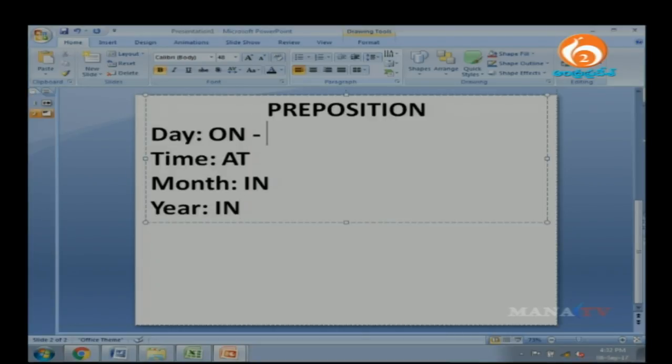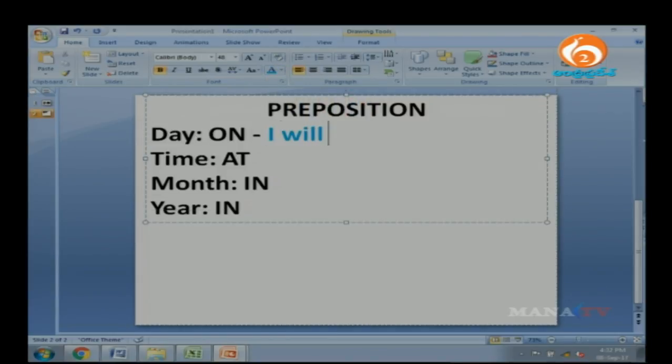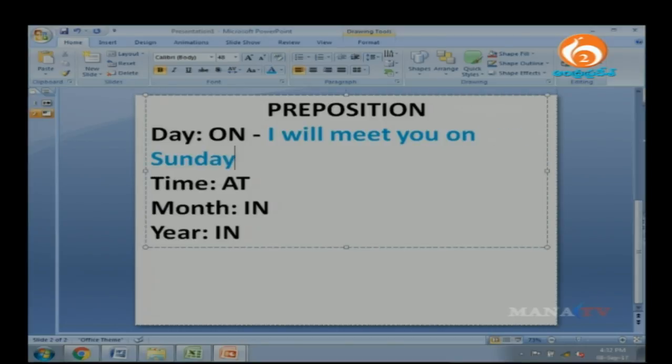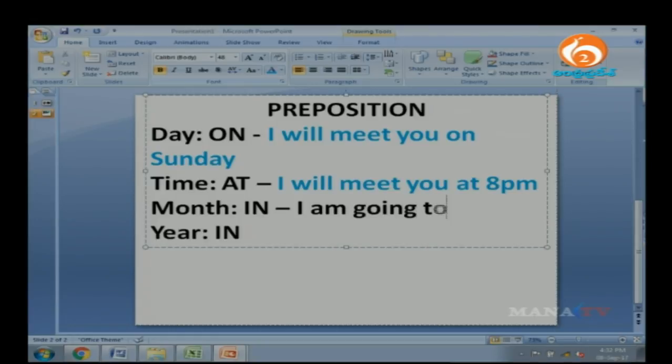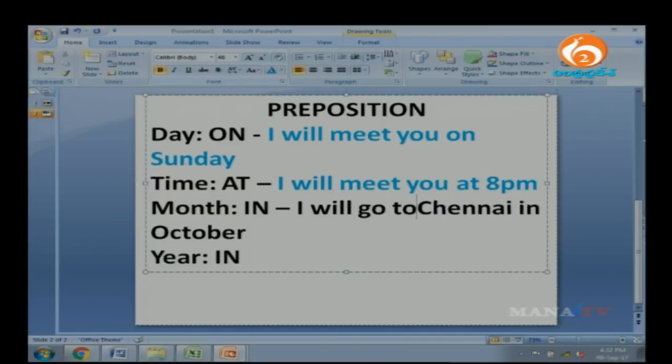All right. Say for example, I will meet you on Sunday. I will meet you at 8 p.m. I will go to Chennai in October.